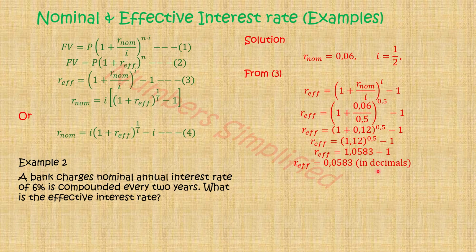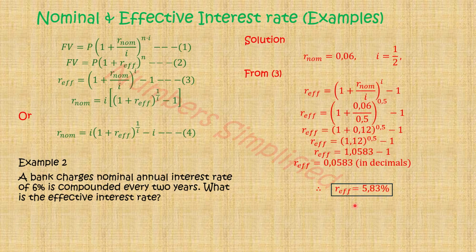Now that we have that, it implies that the effective interest rate in percentage is going to be 5.83%. And note, this interest rate is lower than that of 6% because of the compounding period. This is beyond 1 year.